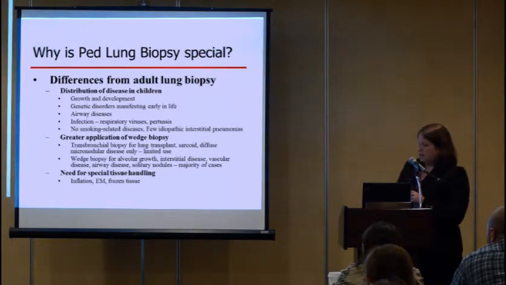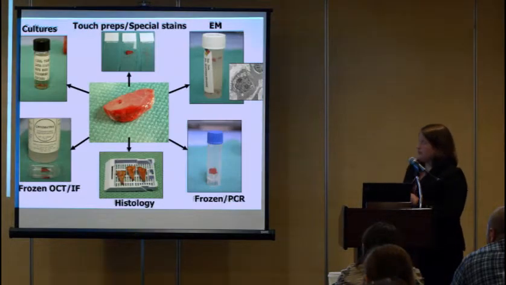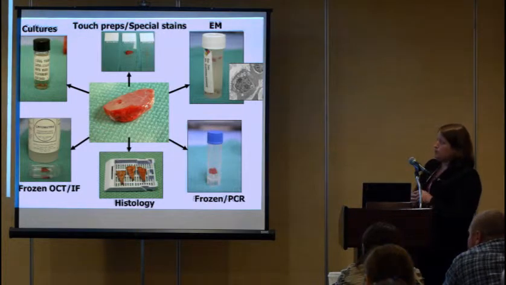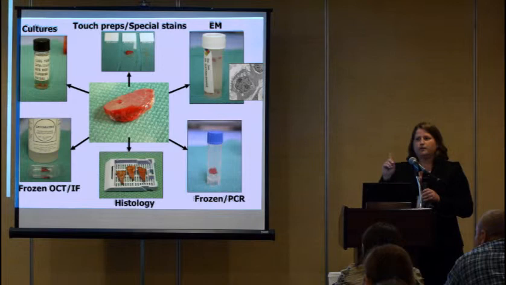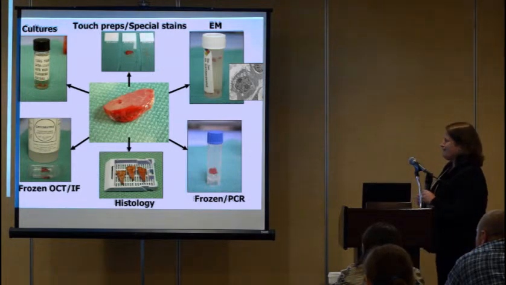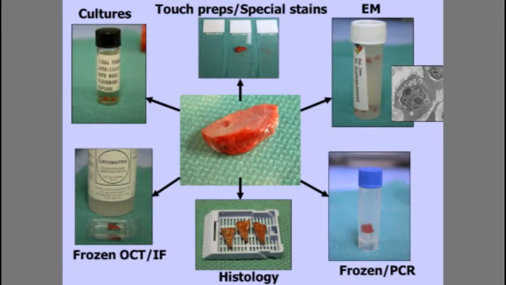And so what I wanted to show you was our algorithm that once the surgeon takes the biopsy and they send it down to the lab, and I'm one of those people in the basement of the hospital, what we see in the center is a representation of the lung tissue. My job is to divide it and make the most out of it.